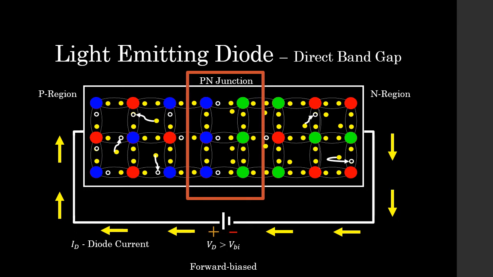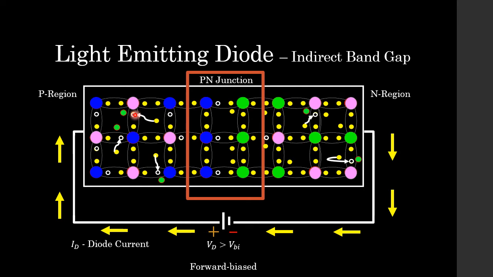Now, what if we were to change the silicon to some other element, such as gallium arsenide or gallium nitride? Well, students, that's the compound that we actually create our light-emitting diodes from. And they are known as indirect band gaps, simply because when the diode is forward biased and our electrons and holes start moving, an electron-hole pair recombination takes place.